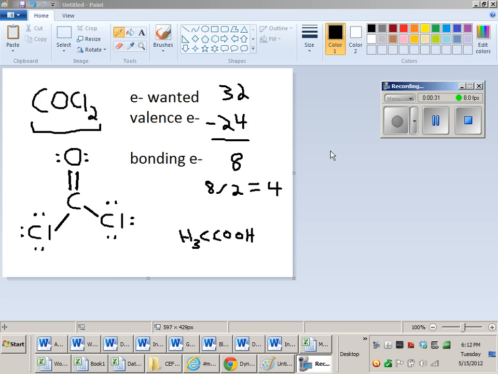We'll think about things covalently, but we'll also think about things in terms of what if the more electronegative elements completely stole electrons from the less electronegative elements. So what if this was completely ionic? What would the charges be? These will give us oxidation states or charges.